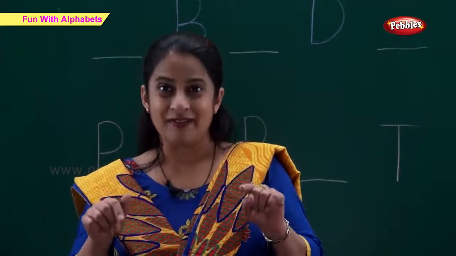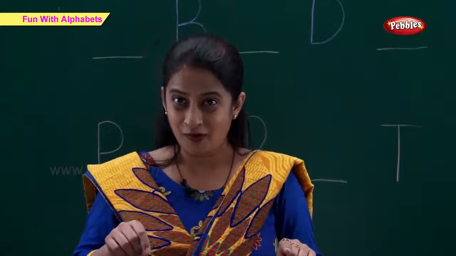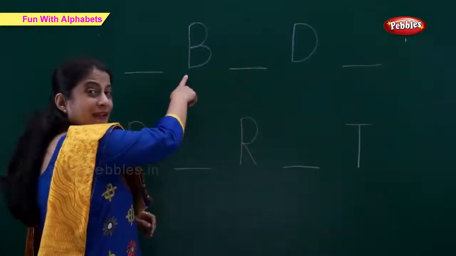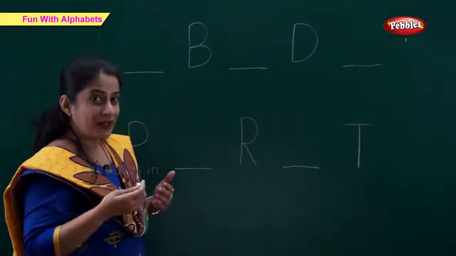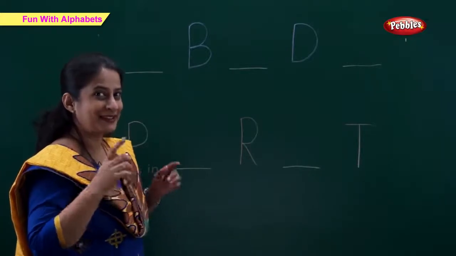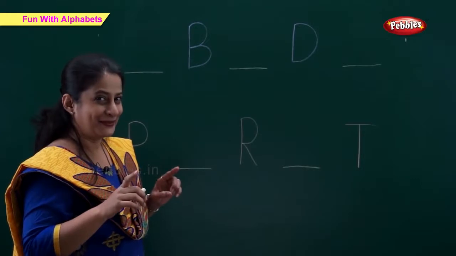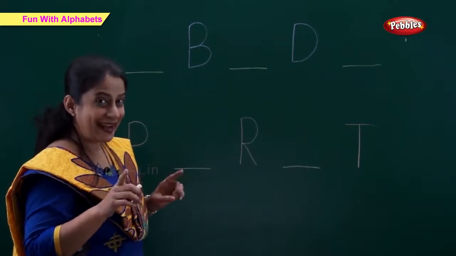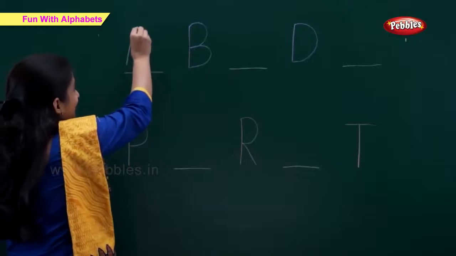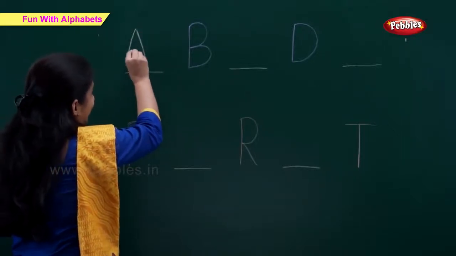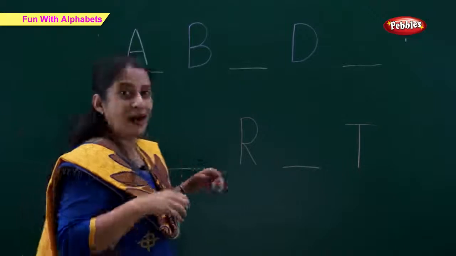Hey friends, now let's play one more game with alphabets. Now you tell me the alphabets that come before and after. What alphabet is this? It's B. So what comes before B? Is it C? No. It's A. Right. So, A. And what comes after B?